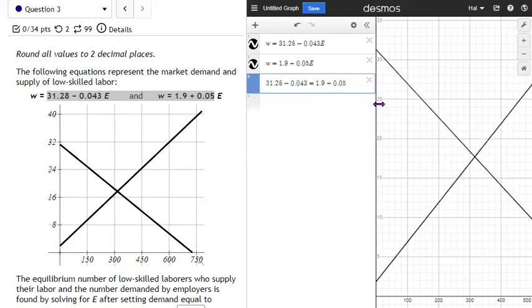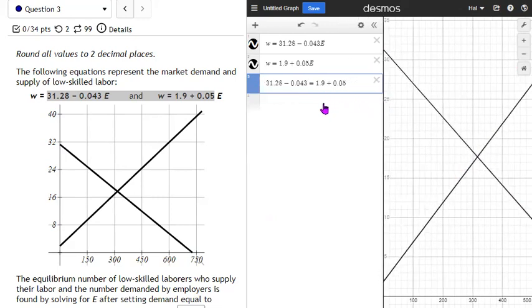So right here, I've got the two equations. I'm setting each equation, let's see right here, we've got to multiply that by E, and multiply this by E, so I have the right side of labor supply and the left side of labor demand. And then I can do the algebra right here in Desmos.